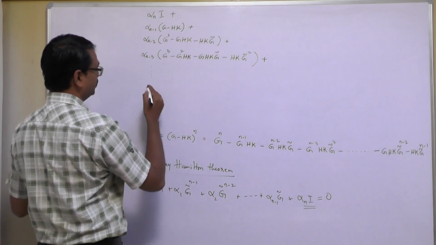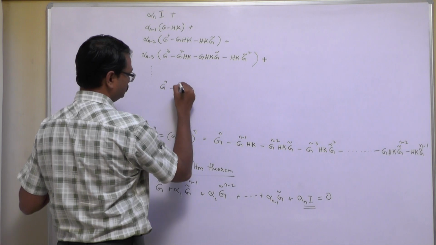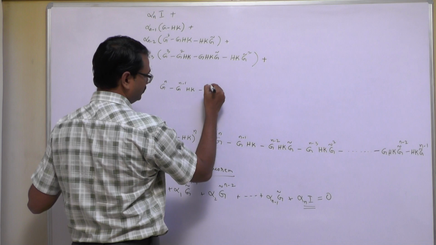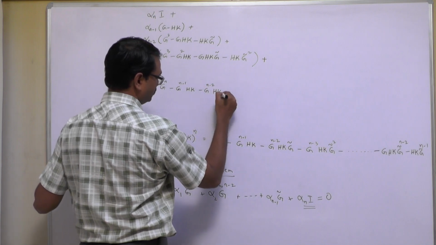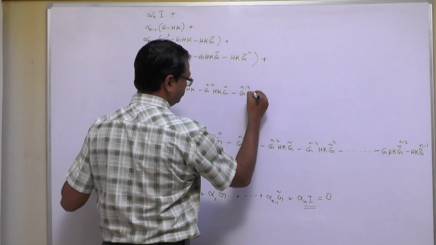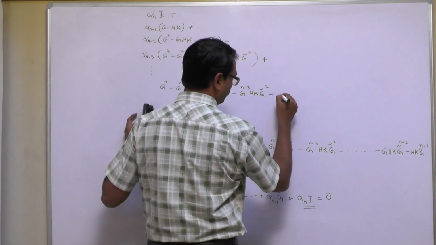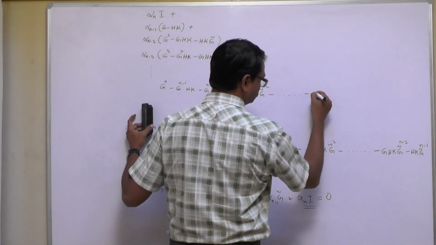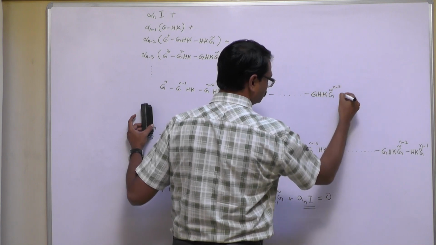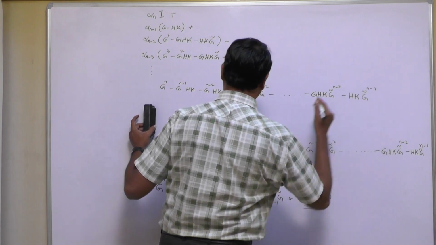Therefore, what is G power n? We have G power n minus G power n minus 1 HK, G power n minus 2 HK G bar, minus G power n minus 3 HK G bar square, minus G HK G bar n minus 2, minus HK G bar power n minus 1.